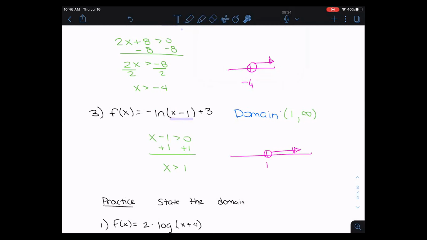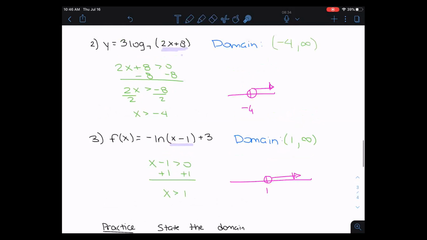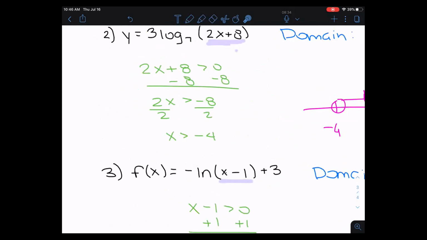And like the one we have, that x is greater than negative 4, does that change to the less than? That's a good question. It only changes to the less than if you have a negative in front of the coefficient. So remember, if we had a negative 2x in front of here, then we would have to divide by negative 2, and that would mean that our sign flips.